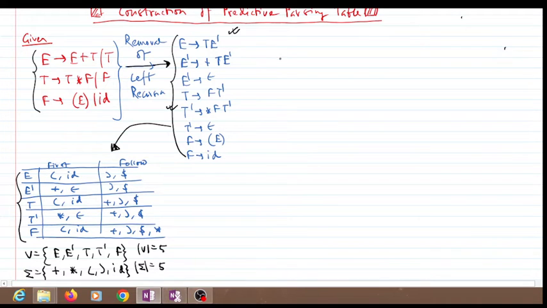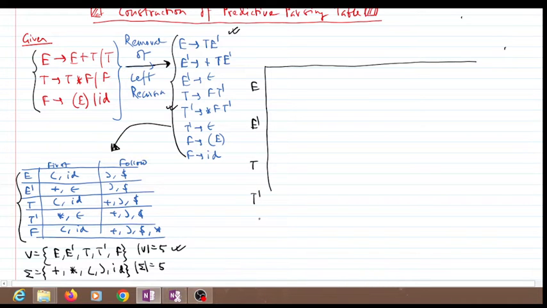Now let us construct the predictive parsing table. So this is the predictive parsing table. The number of rows in the predictive parsing table will be the length of the set V, that is, it will have 5 rows. So they are E, E dash, T, T dash and F. Now what about the number of columns?